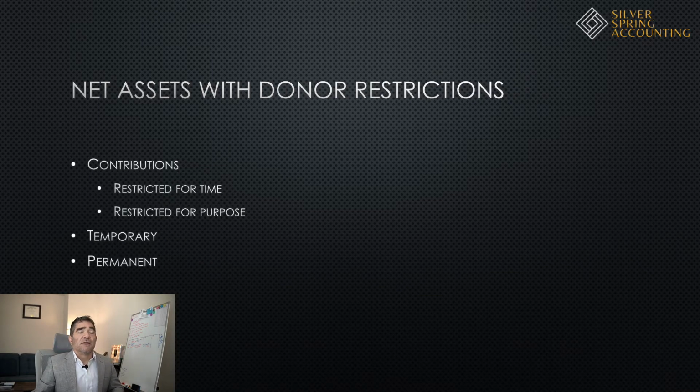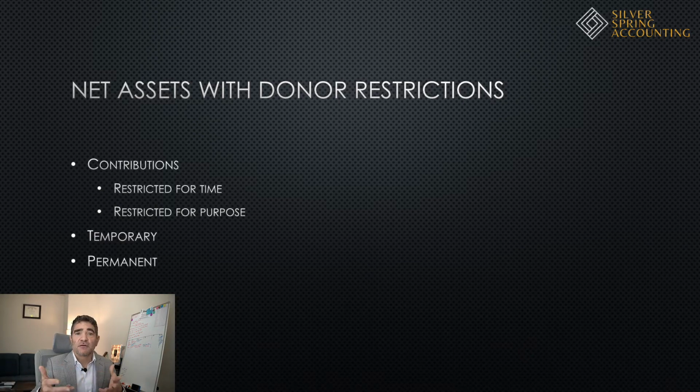So net assets with donor restrictions would include contributions for which there's a specific time specified. Say we received a donation here during 2022 and the donor said you can use this in 2023. Well, it's going to be restricted until 2023. We can't use it.